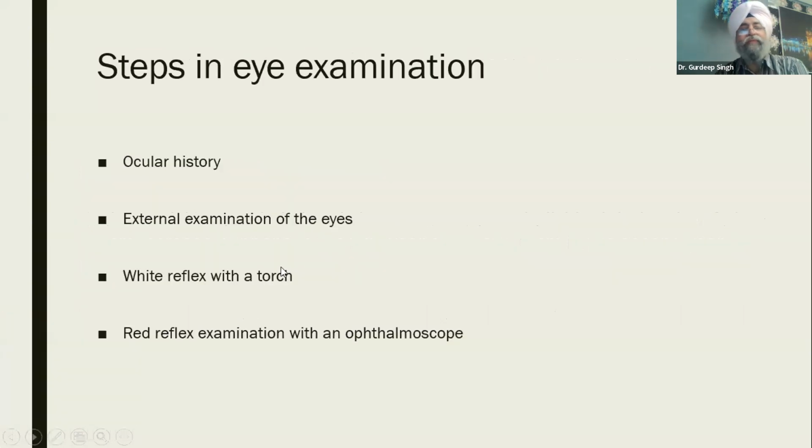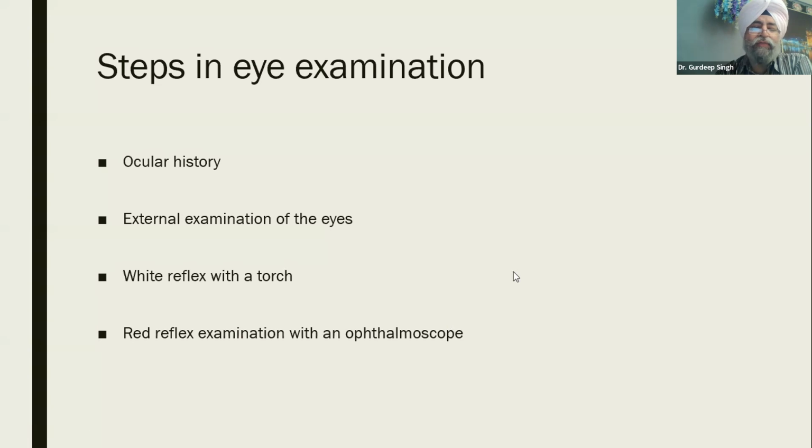So what are the steps which we usually take in eye examination? In any examination in any specialty, the history is the most important thing. And for us it is the ocular history with the external eye examination. Usually, as with all the specialties relating to pediatrics, we see with the torch, and then we see with a direct ophthalmoscope.